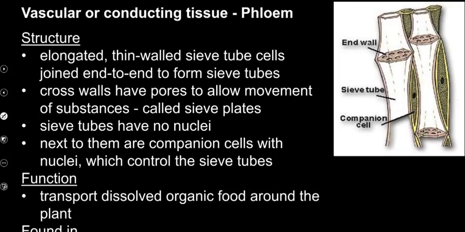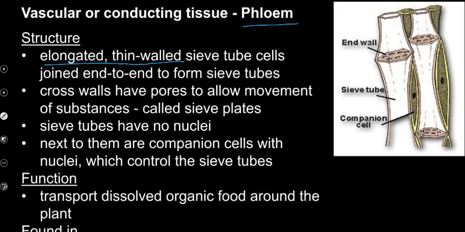Then, to get food from the leaf back down to the roots, because the roots have to live, they need food, there is a special type of tissue called phloem. They're also elongated and they have thin walls, but the cells don't join together. They've got these little things between them.